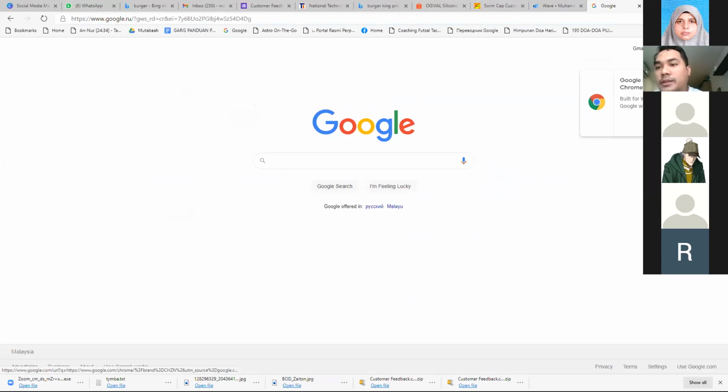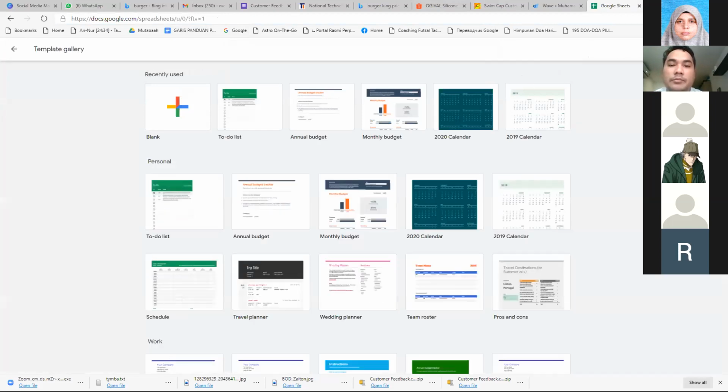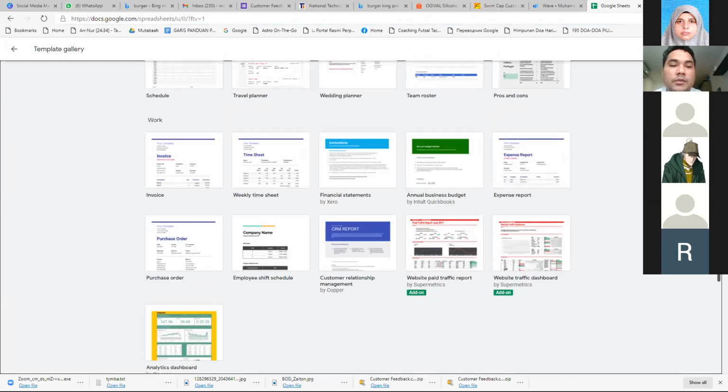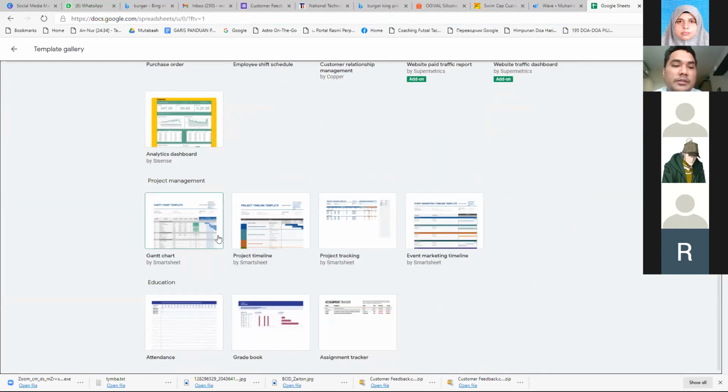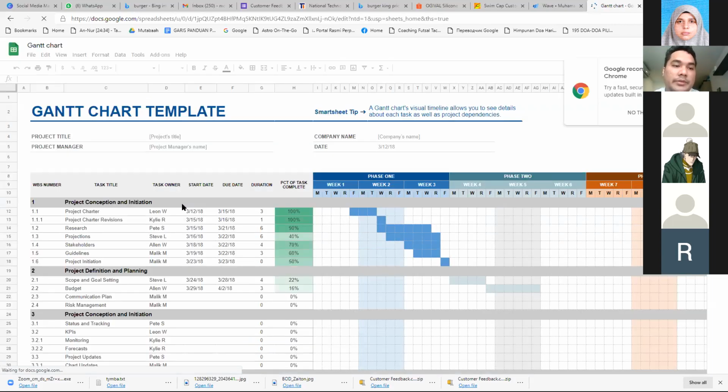You click this button and you have a lot of apps like account, YouTube, Gmail, Google Docs, and then Google Sheet. When you go to Google Sheet, there's a template gallery, for example calendar, monthly budget. Somewhere there is a Gantt chart under project management.